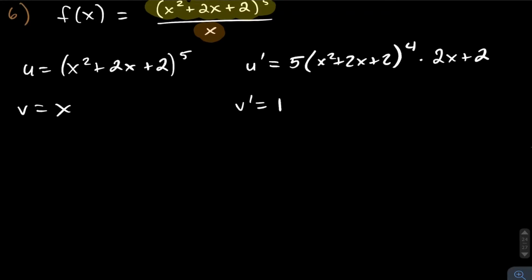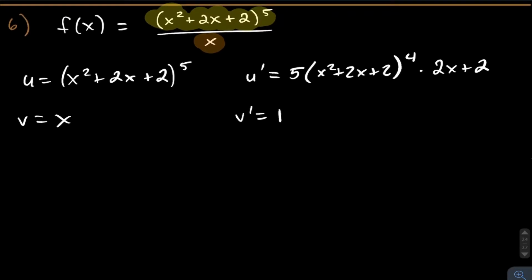So now let's use our quotient rule here. We know that our quotient rule is telling us f prime of x is going to equal u prime v minus v prime u over v squared. And now we plug in our u and u prime and things of that sort. We're going to start with u prime.